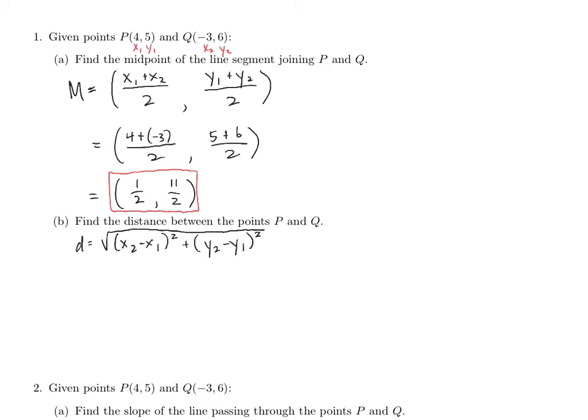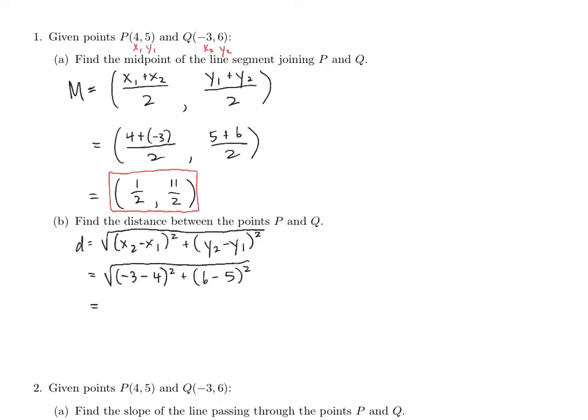If I have my points already labeled, I can just plug everything in. So x2 is -3 minus x1 is 4 squared plus y2 is 6 minus y1 is 5 squared.